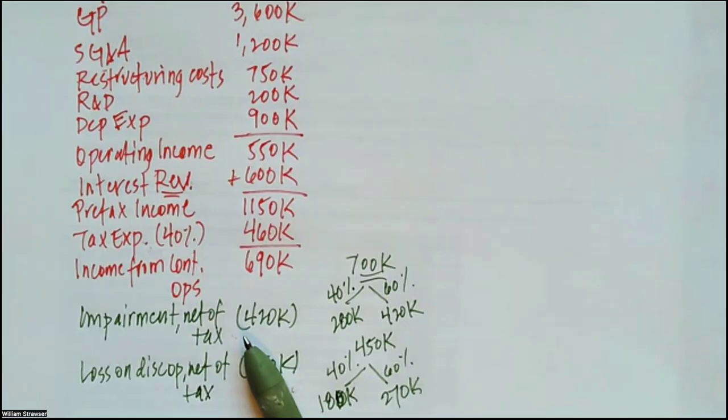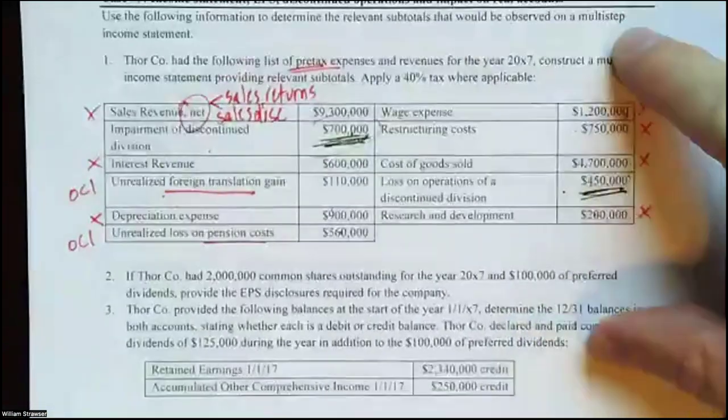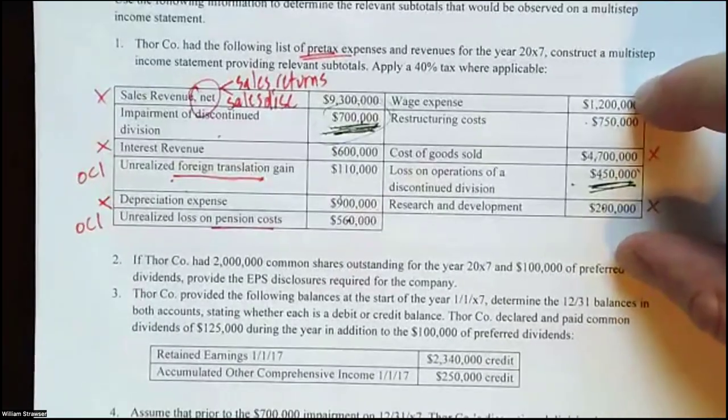I do also want to make clear that with discontinued operations, you should be okay if I gave you a table similar to this in case number three. If I gave you a table similar to this, but wedged it into this formatting, right? So all of these are my continuing operations.